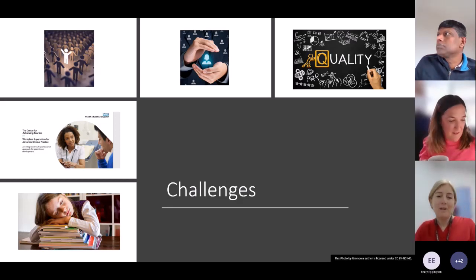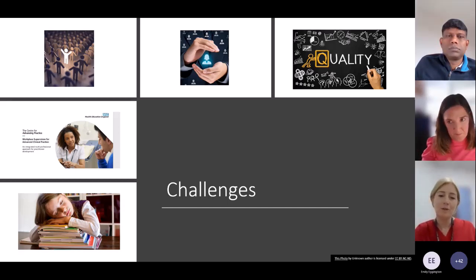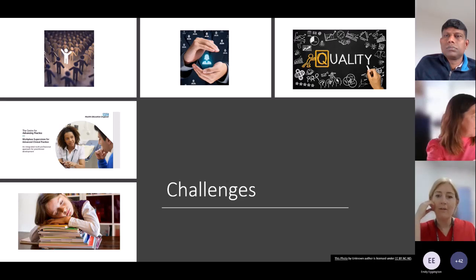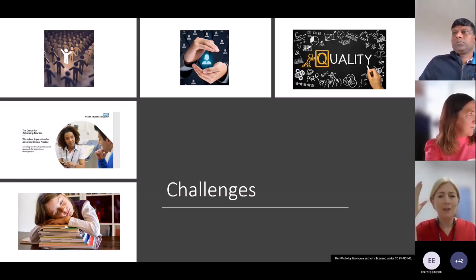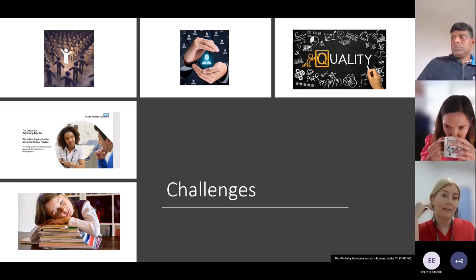So when we think about supervision and assessment at UHDB, I thought it would be useful to talk to you about some of the challenges that we felt we were facing in supervising our ACPs generally. The pictures represent the thoughts that we were having and where the challenges were.